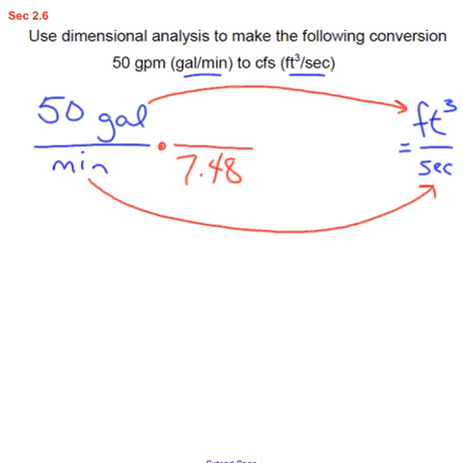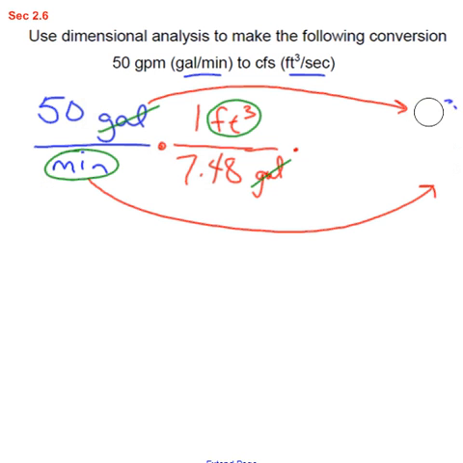Did I get that number correct? Yes. 7.48 gallons. Remember, I put that on the bottom so that it would cancel the gallons on top, and so that made it into 1 cubic foot. So now that cancels gallons and leaves me with cubic feet per minute. So now I want to get rid of the minutes and make them into seconds.